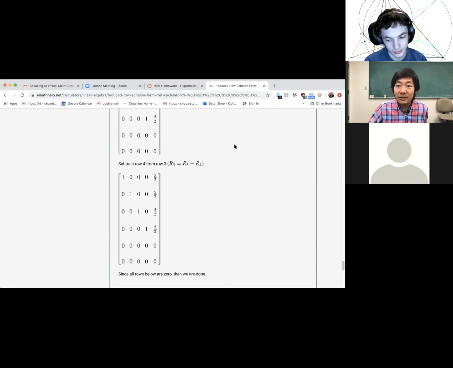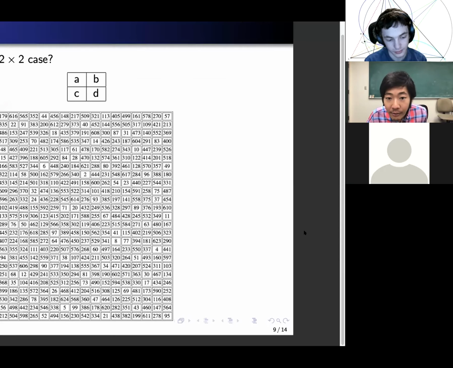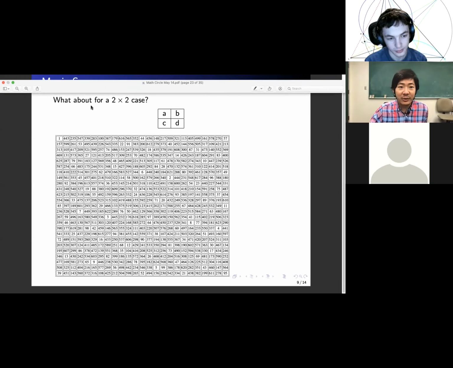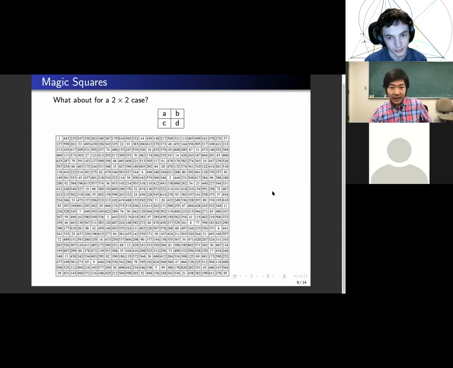It's actually a topic that is explored with magic squares, whether there even is a magic square for every n, and how many different unique ones there are, besides just rotating them. And so they're quite magical.